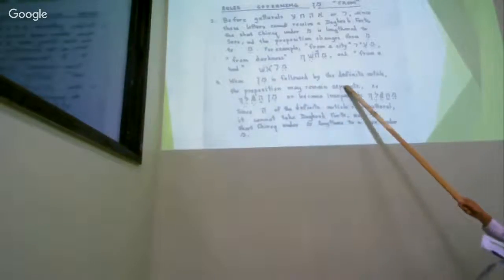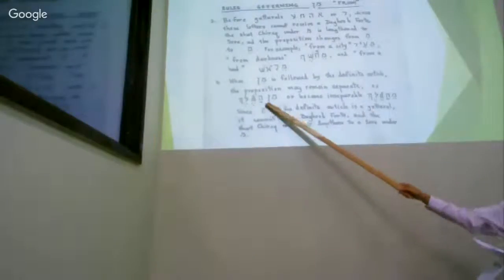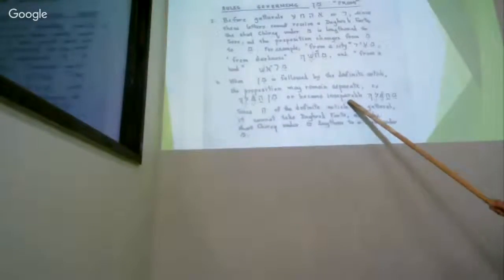When min is followed by the definite article, the preposition may remain separate as min ha-melech, from the king, or become inseparable, me-ha-melech. Notice that there is tsere underneath the mem because it is followed by a guttural.